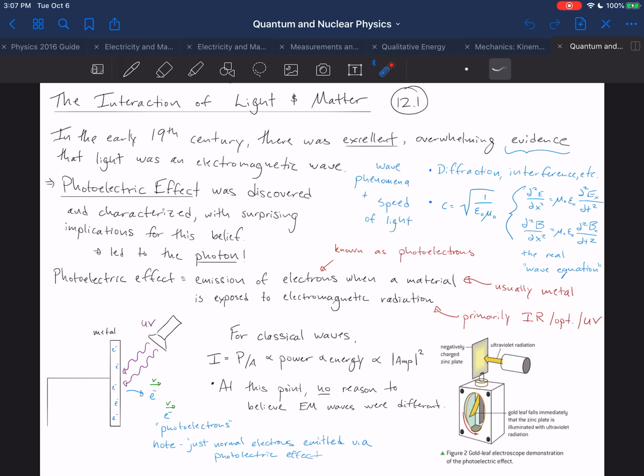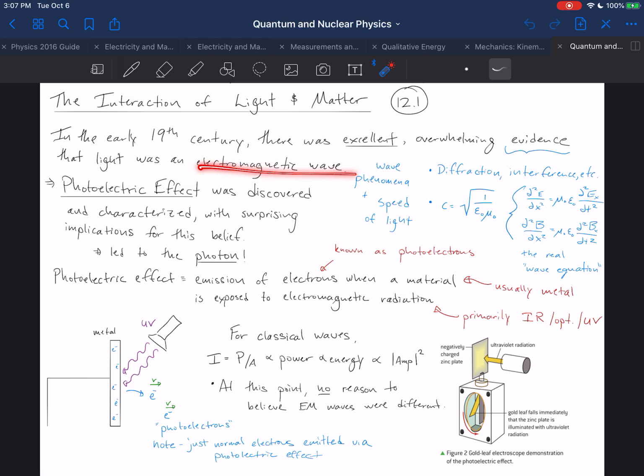So in the early 19th century, around the time of the ultraviolet catastrophe, when there was a fundamental tension in what we understood in our best physics with respect to blackbody radiation, there was at that time excellent, overwhelming evidence that light was an electromagnetic wave.